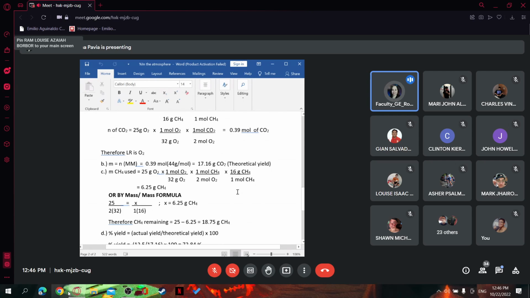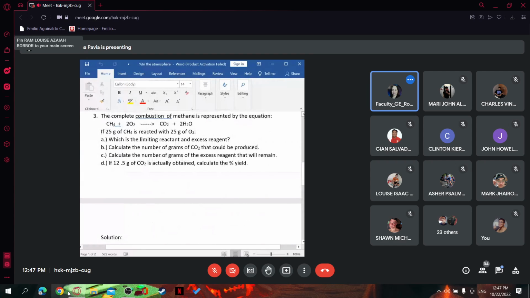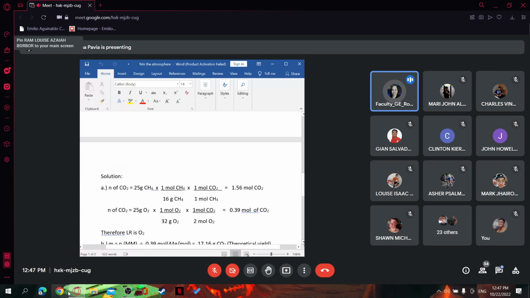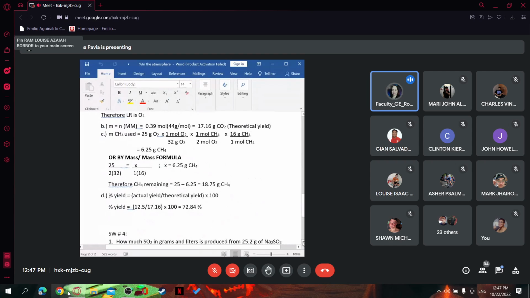Okay, the next question is, how much? Calculate the number of grams of the excess reagent that will remain. Ilang methane gas ang naiwan? Okay. So again, by dimensional analysis, starting with the oxygen gas, you will get 6.25 grams CH4.